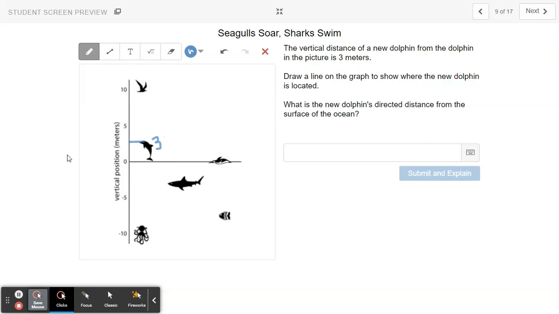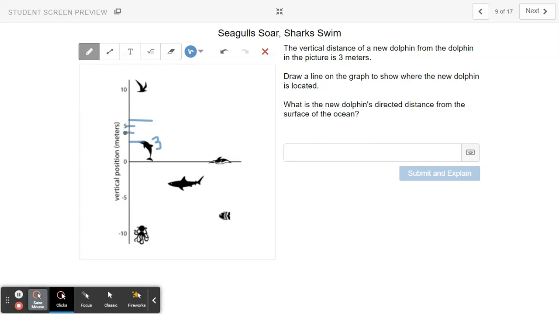But there's a new dolphin who jumped higher than this dolphin. The new dolphin was 3 meters above this dolphin. So they're just saying draw a new line. 3 meters above just means from this 3, it goes up 3 more. So 3, 4, 5, 6, right?